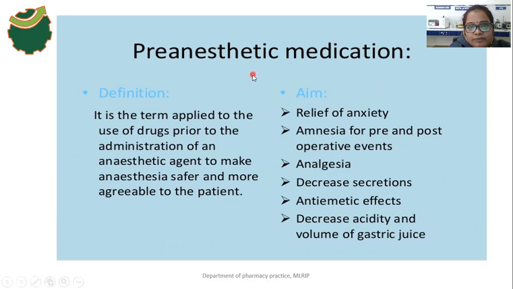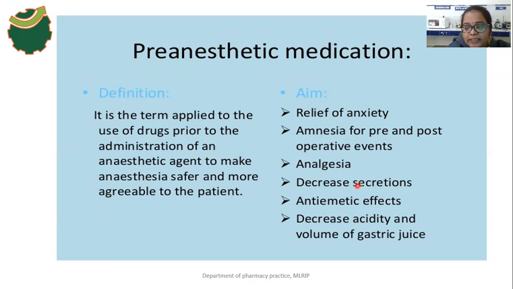And what is the aim of this pre-anesthetic medication? These drugs are used to relieve anxiety and produce amnesia. Amnesia means loss of memory for pre and post operative events. It is used to relieve pain, that is analgesia, and to decrease all gland secretions.